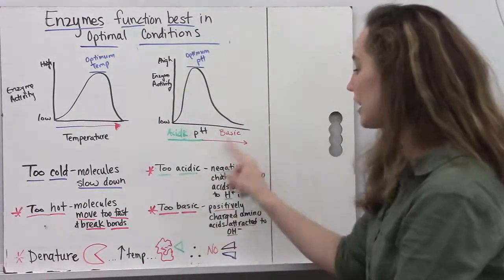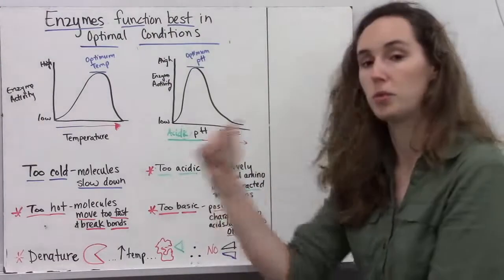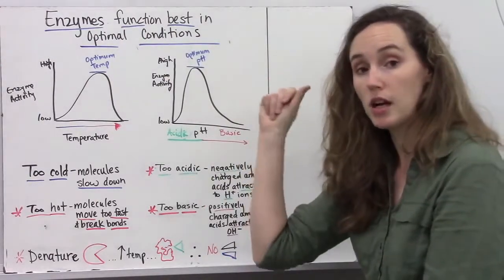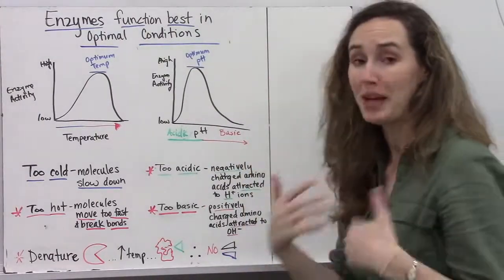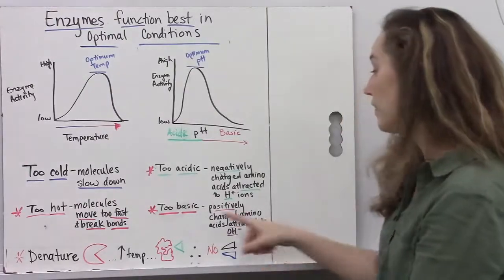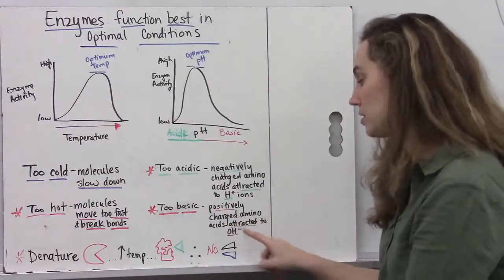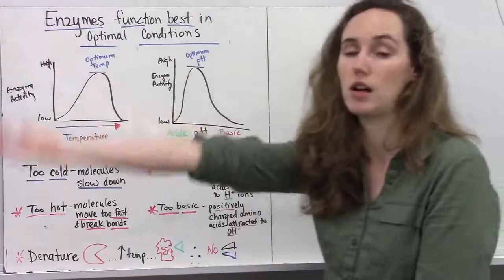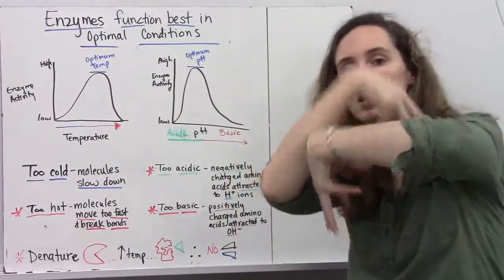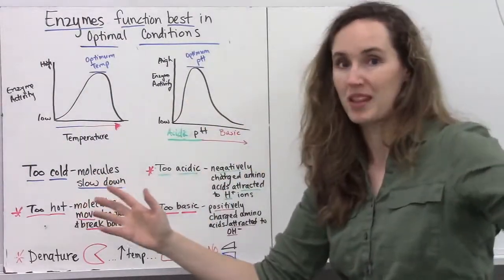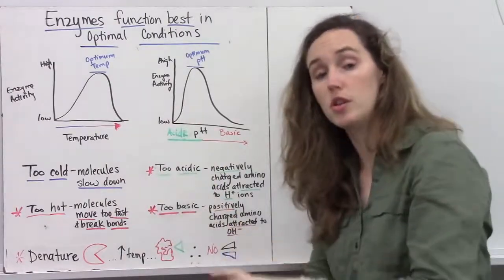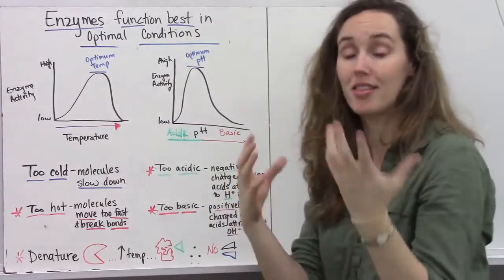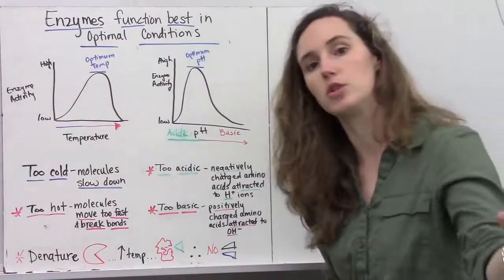So if it's too acidic, negatively charged amino acids will be attracted to the H+ ions. If it's in a too basic environment, then the positively charged amino acids are going to be attracted to the hydroxide ions. That's going to cause a difference in folding, which of course then, if your structure is mutated, then your function is not going to be able to happen.